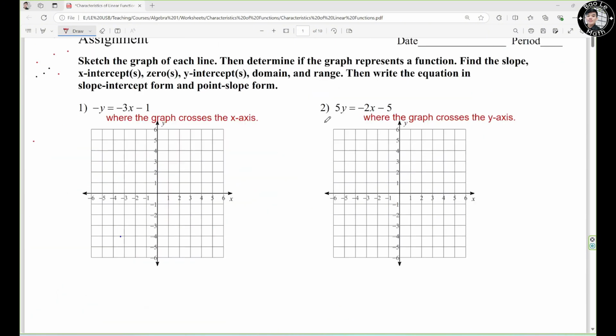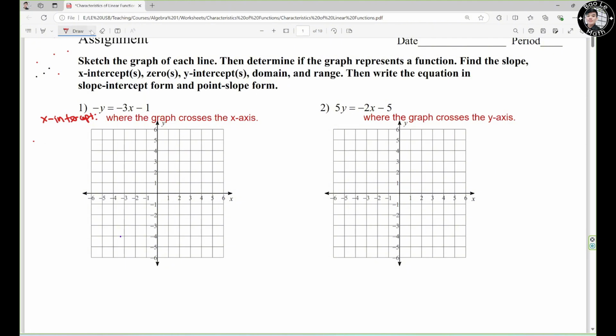All right, let's move on to the next one, question number 2 right here. We need to find the x- and y-intercept. In order to find the x-intercept, we need to let y equal to 0. The x-intercept is where the graph crosses the x-axis.